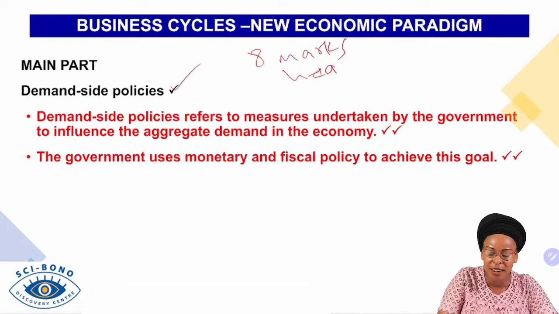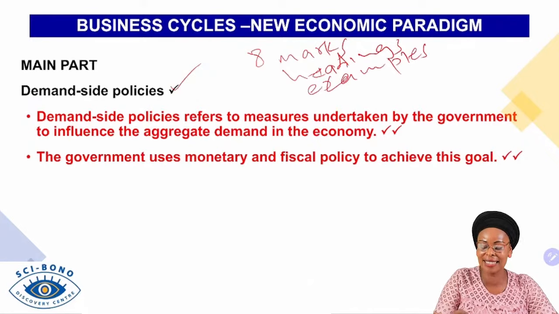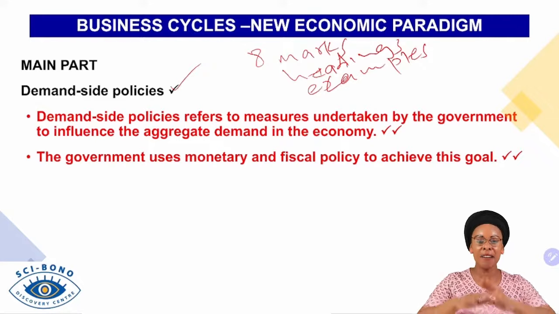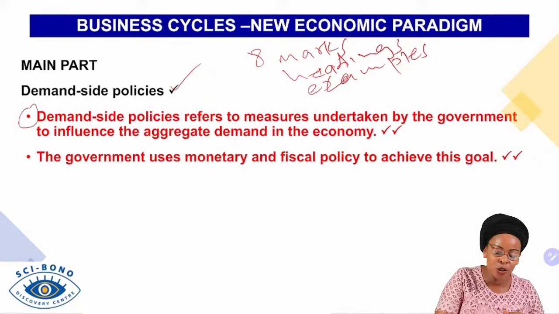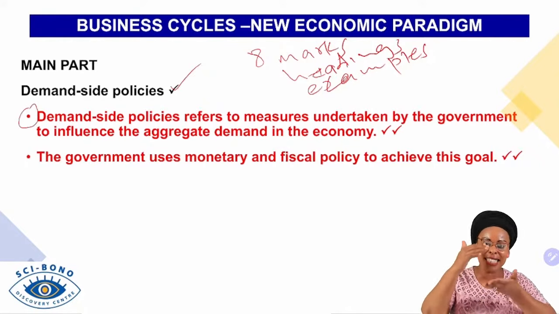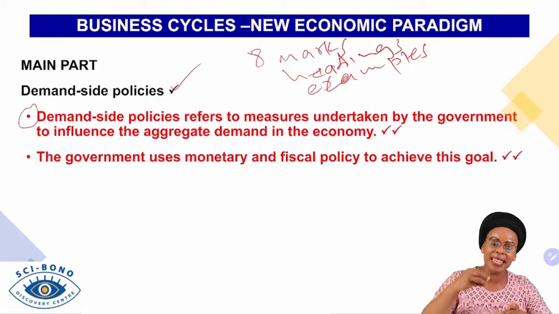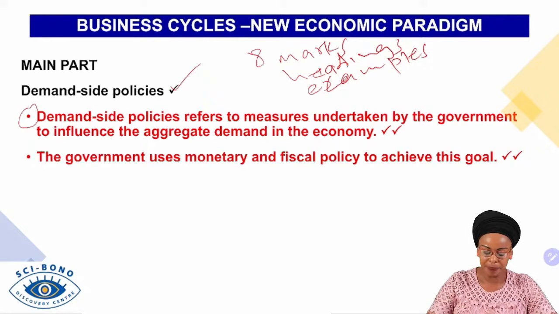That is why we gave you 1 for demand side. For headings, for examples, and for subheadings, just for listing. But everything else should be discussed in full sentences. We also encourage the use of bullets or point form so that your information is neat. Even someone who's marking should see where the mark allocation is.